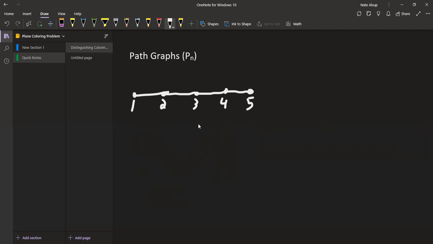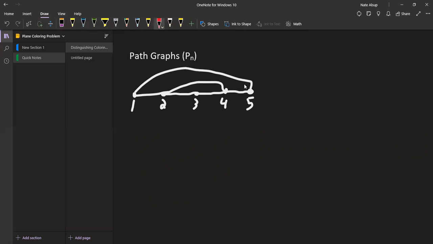So the automorphism would be 1 can go to 5, and 2 to 3. The only way we can make this non-automorphic is by making one of the end vertices a different color from the rest.